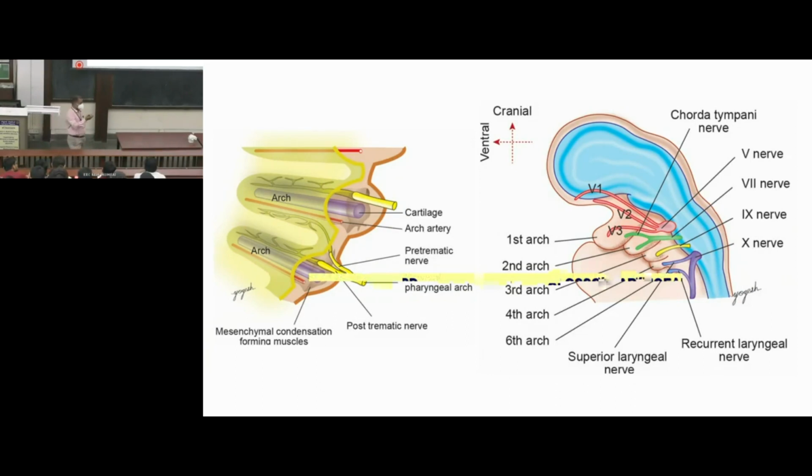Lingual nerve, you will learn subsequently, is a branch of the mandibular nerve, which is the nerve of the first arch. So what does this give you an idea? That the tongue anterior 2/3 is derived from the first arch. That's why it's carrying sensations from the lingual nerve. But chorda tympani carries taste sensations from the tongue anterior 2/3 because it is a pre-trematic branch of the first arch.